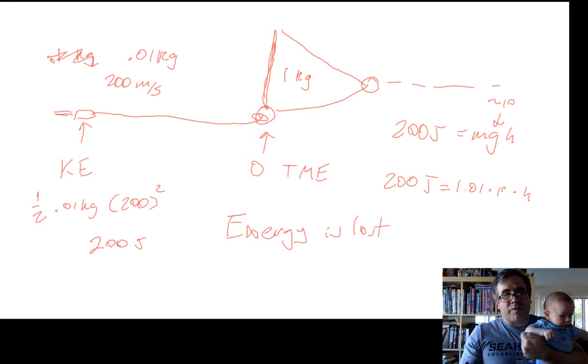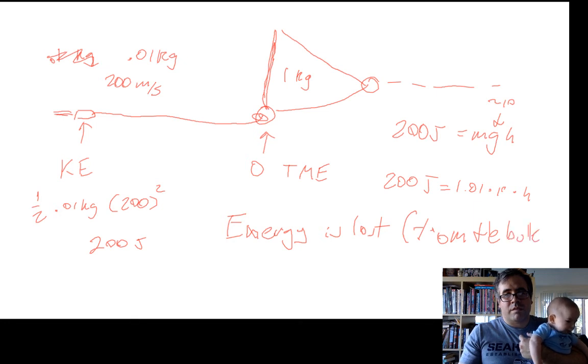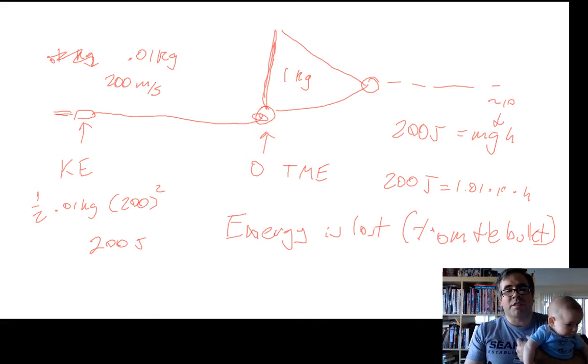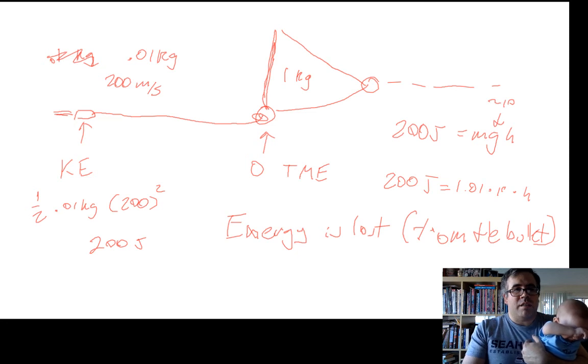It's lost from the bullet. So yes, the bullet loses energy, but the total amount of energy in the system stays the same, right? Before the collision you have two objects.